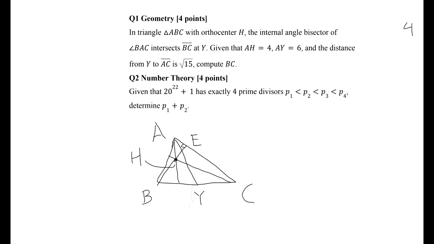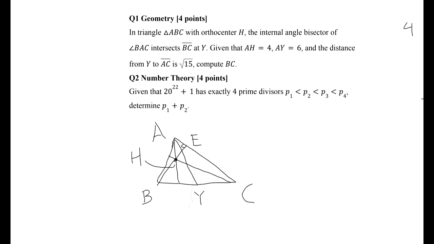This is given, which is equal to AE over sine of AHE, because right triangle AHE. And then from right triangle ABE, AE is equal to AB cosine of BAC, which I'll just abbreviate as A.